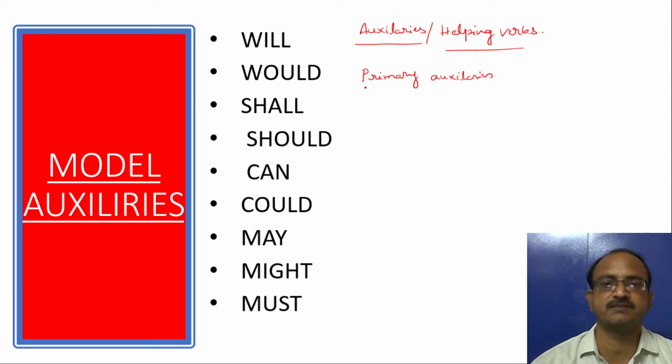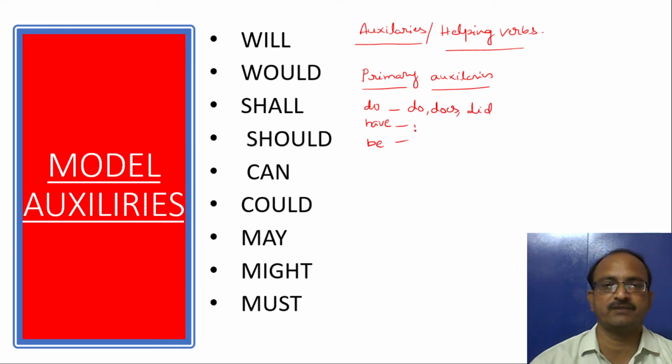Primary auxiliaries means, in this concept we have, of course, I don't like to go deep into this topic, do forms, have forms, and be forms. We have three categories: be, have, and do forms. In the do forms, we have do, does, and did.